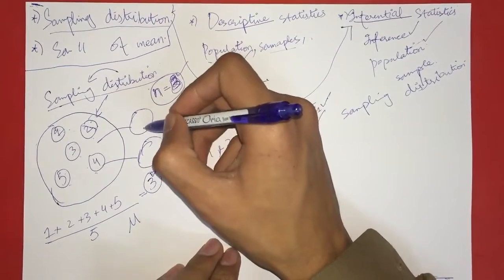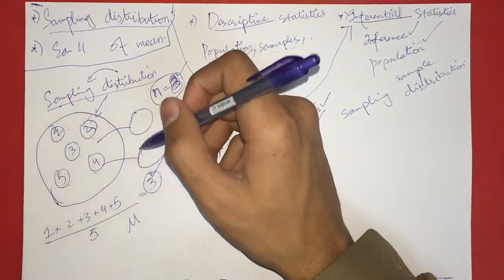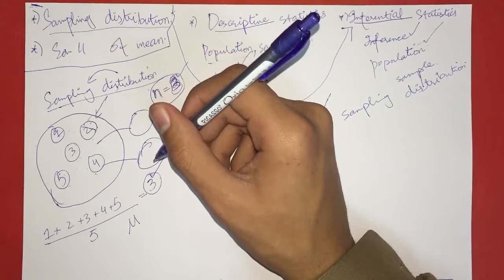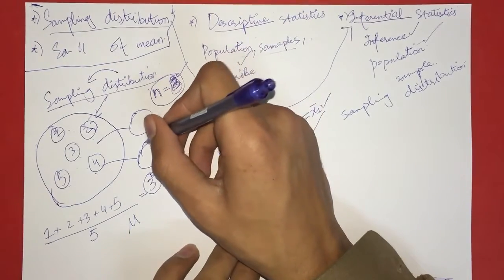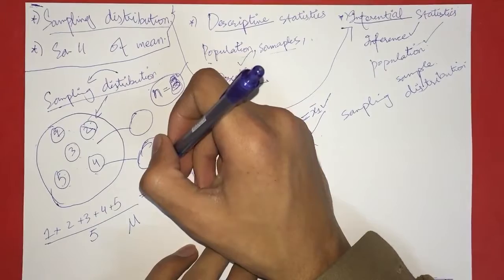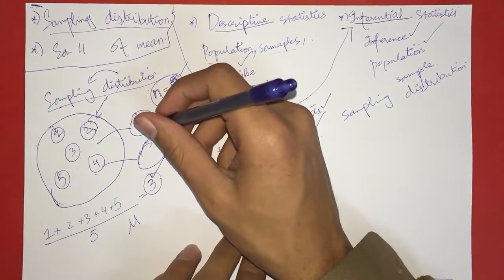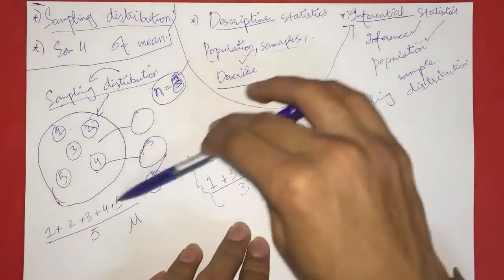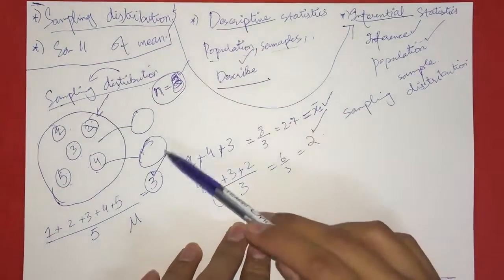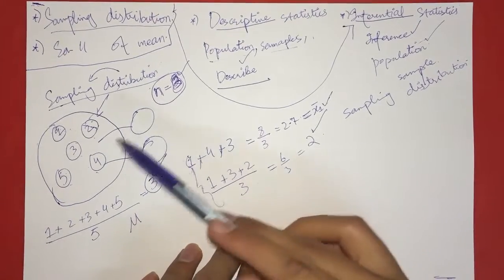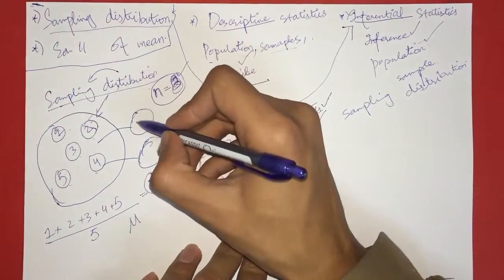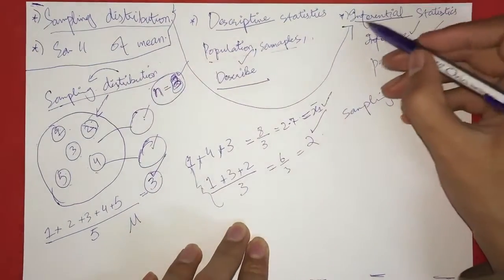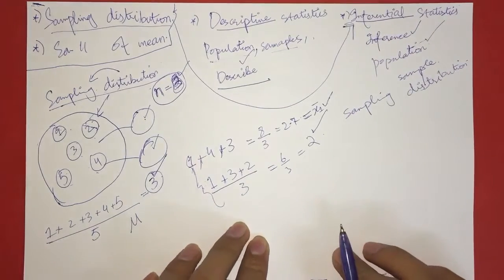For example, you find the means, or the range, or the standard deviation, or variance, and then you distribute those statistical terms. That is eventually going to give you that statistical term of this whole population. So you're making an inference about the whole population through these samples which you just took out. That is why it's called sampling distribution, and that is how it's related with inferential statistics.